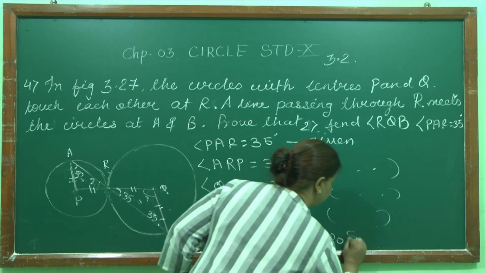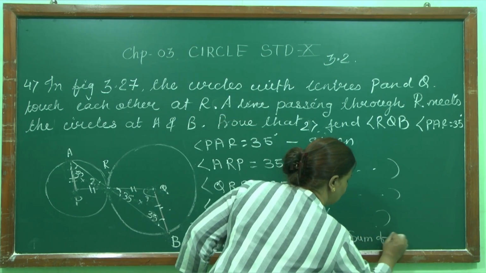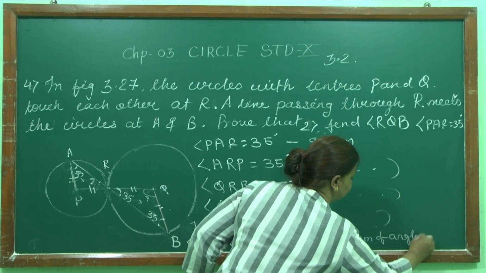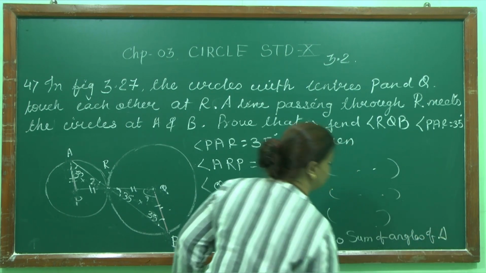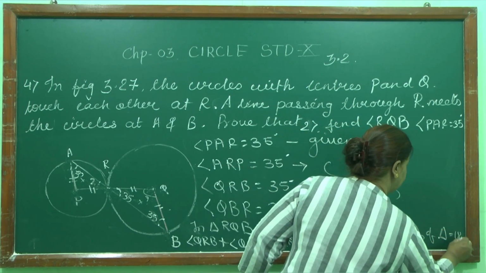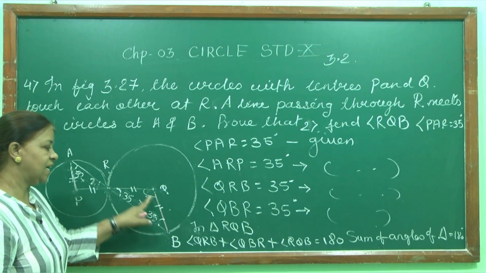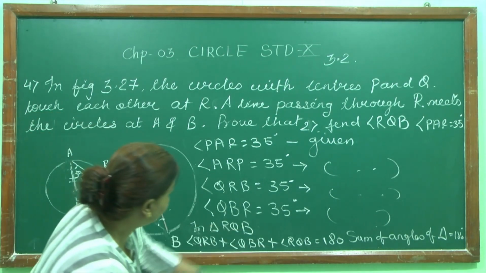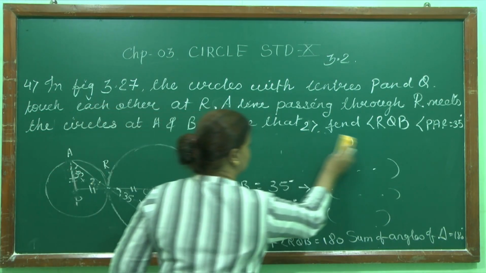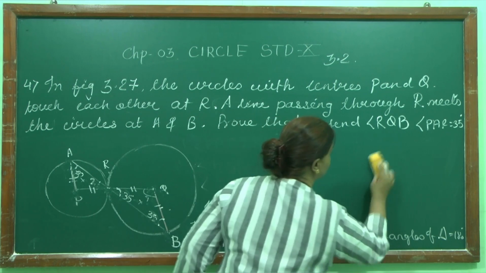Sum of angles of a triangle is equal to 180 degree. Okay? This angle plus this angle plus this angle is equal to 180 degree. So I wrote it. Now you write down the values here and you get the value for RQB.